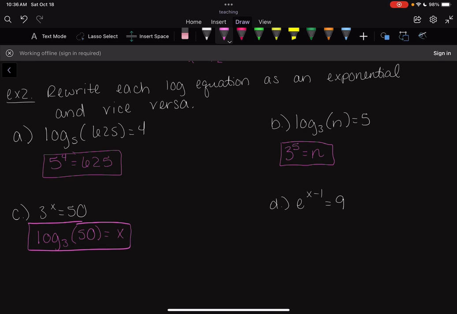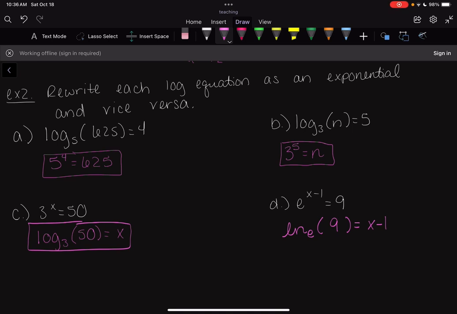Part D, my base is e, so do we use log or do we use ln whenever we see e? We would use ln. So this is ln. If you want to write the base of e, you can. It's no biggie. Logs are equal to exponents, so this is equal to x minus 1. And my 9 goes in the parentheses.